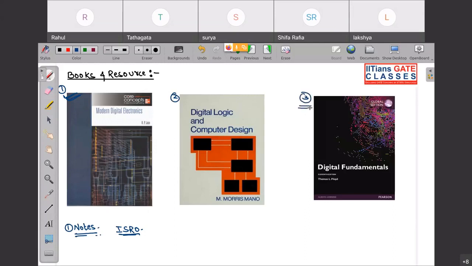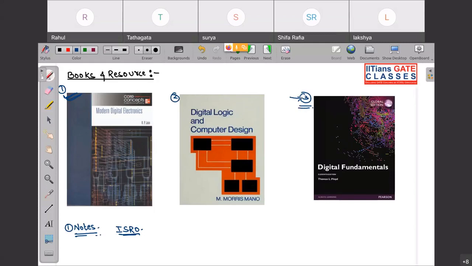This is a new book, so you can get a lot of recent information about what is going on in the digital field. It is helpful if you want to pursue your masters in this digital field, VLSI or microelectronics. Why? Because it has a lot of examples related to real life or recent problems.